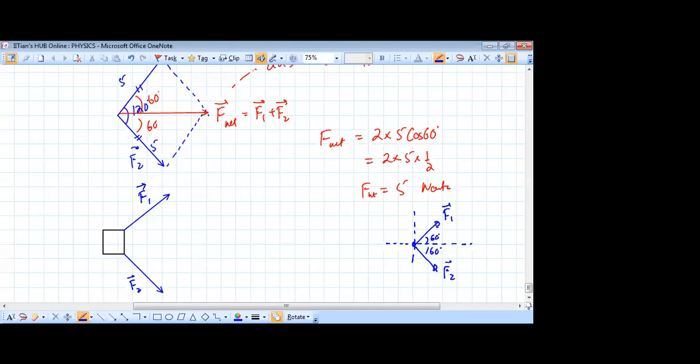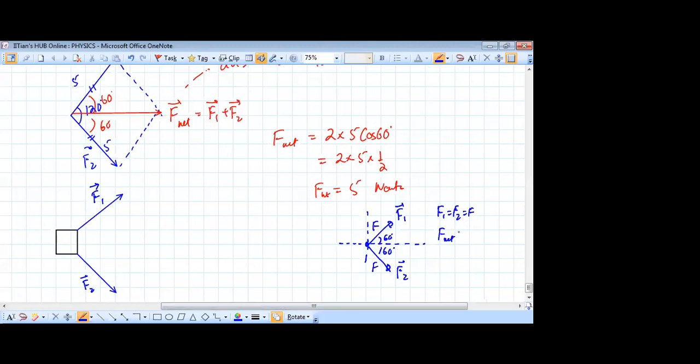Okay, so their cos components are adding and their sine components are cancelling. So that's why if they have the same magnitude, so magnitude of F1 is equal to magnitude of F2 equal to F. So F net will just become 2F cos 60, because you can see that the sine components will cancel.